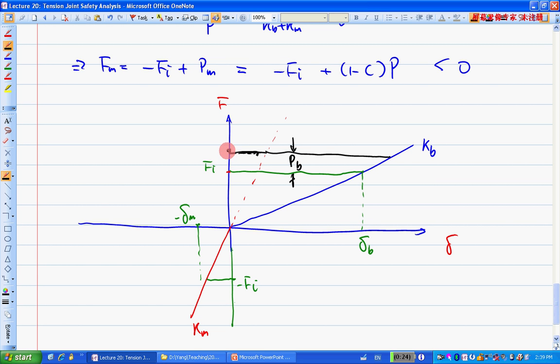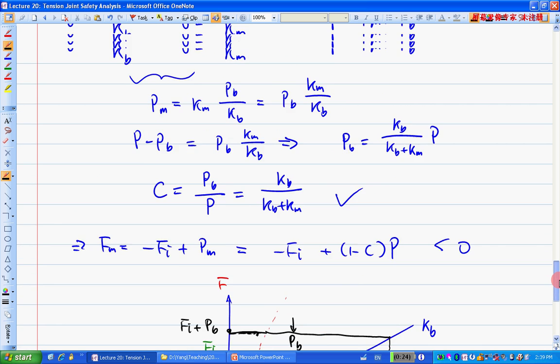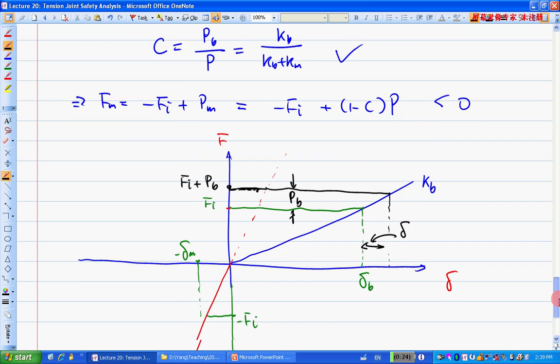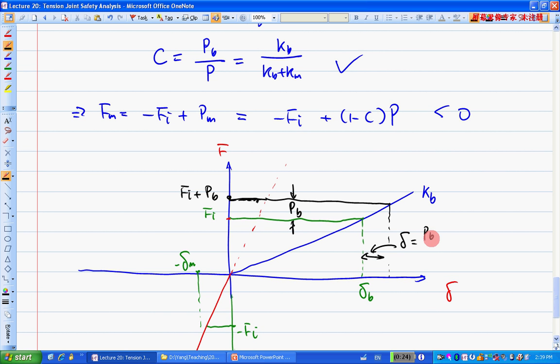So the load here will be Fi plus PB. Then there will be further elongation of the bolt, and this portion of delta change is PB over KB.